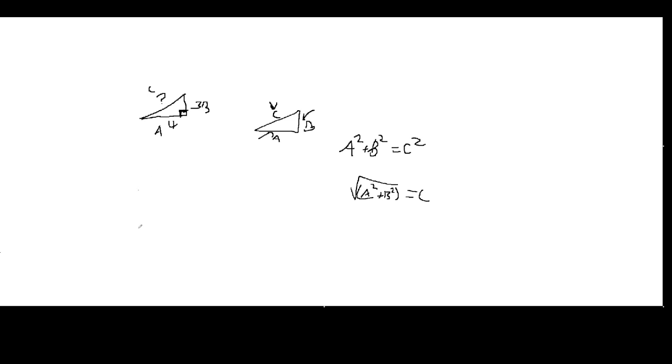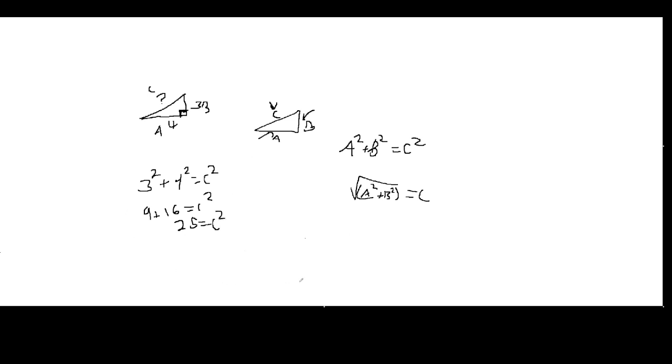Alright, so 3 squared plus 4 squared equals C squared. Okay, so 9, which is 3 squared, plus 16, which is 4 squared, equals C squared. So if we add those together, it's 25 equals C squared.